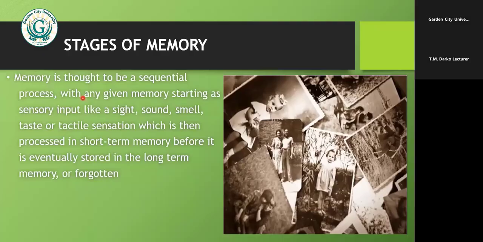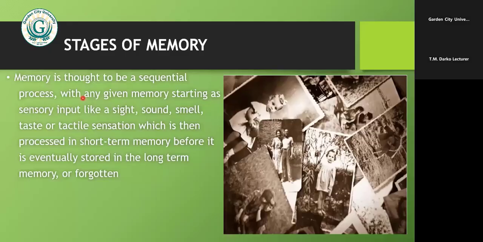So I said, any given memory starts as sensory input, like what you guys just mentioned: sight, sound, smell, taste, or tactile. What is the meaning of tactile? Touch. Exactly.